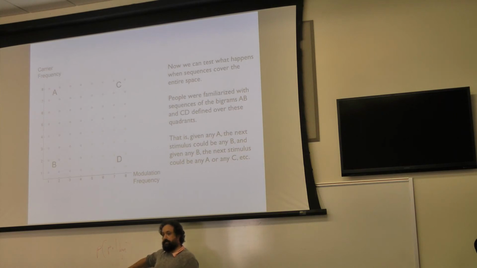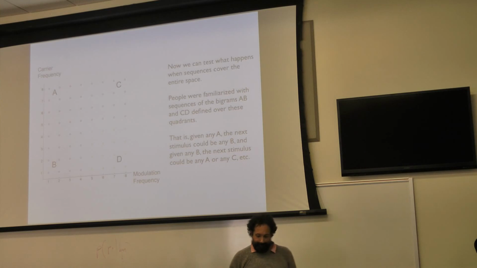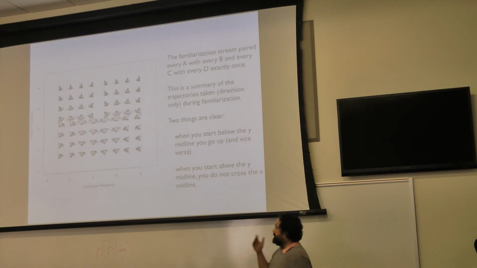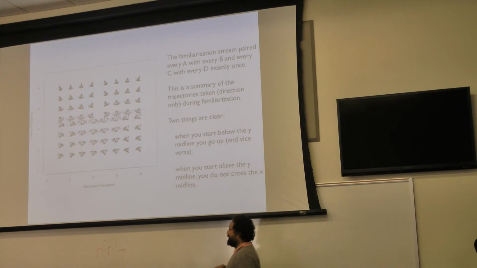You can compute these statistics, like the probability of B given A, or the probability of D given C. So we can generate a set of test stimuli that allow us to compare predictions generated by an identity-first model and predictions generated by a model that says, you don't label these things and then predict the next location given the label of the current location.